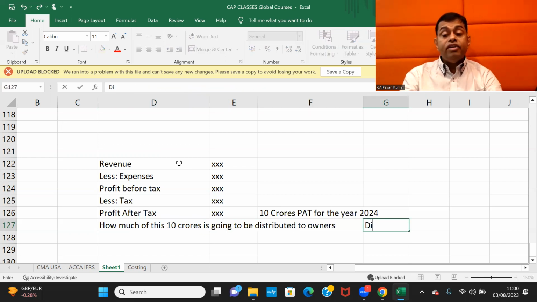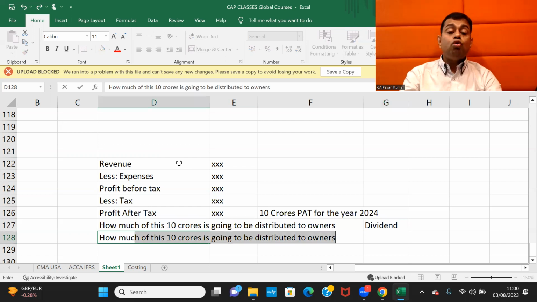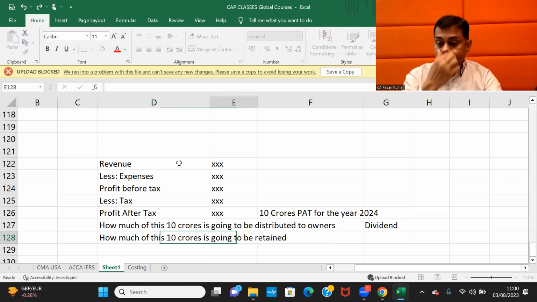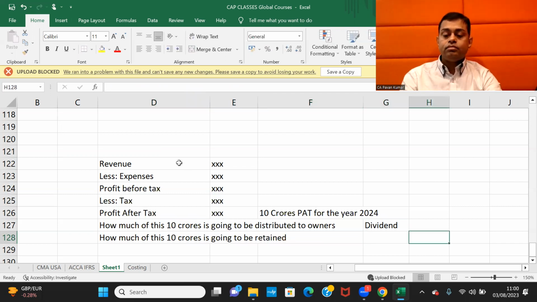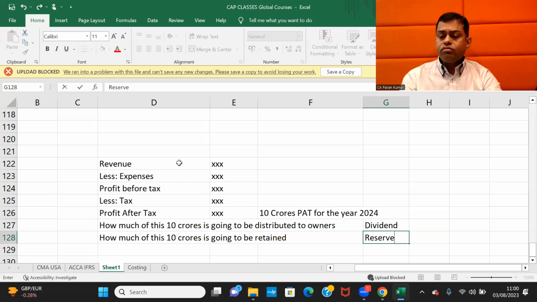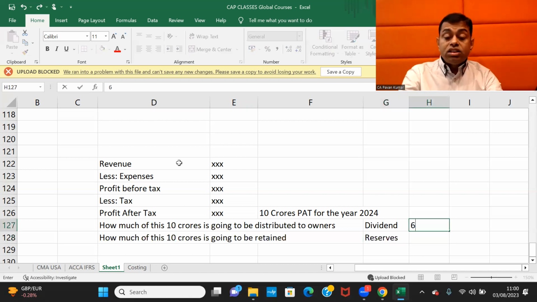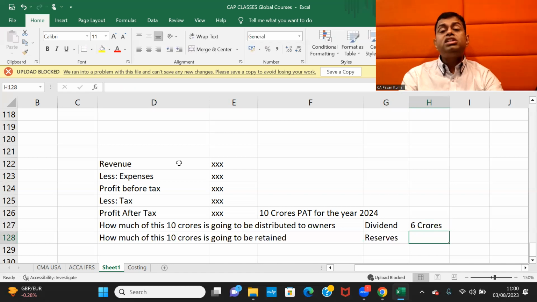This is called dividend. How much of this 10 crores is going to be retained? This is called reserves. So, for example, I made a decision, I'll pay 6 crores to my shareholders. So I distribute 6 crores.